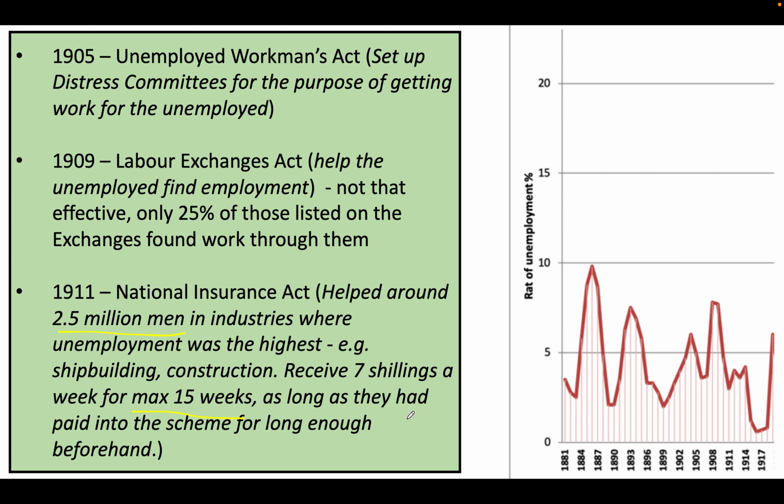So national insurance is great for people who contribute, but it doesn't help people who are struggling with structural unemployment, because the only way you can deal with structural unemployment is to completely reorient the economy to one of the new industries, which just isn't going to happen at this point because the government does not want to spend its money on revolutionising British industry.